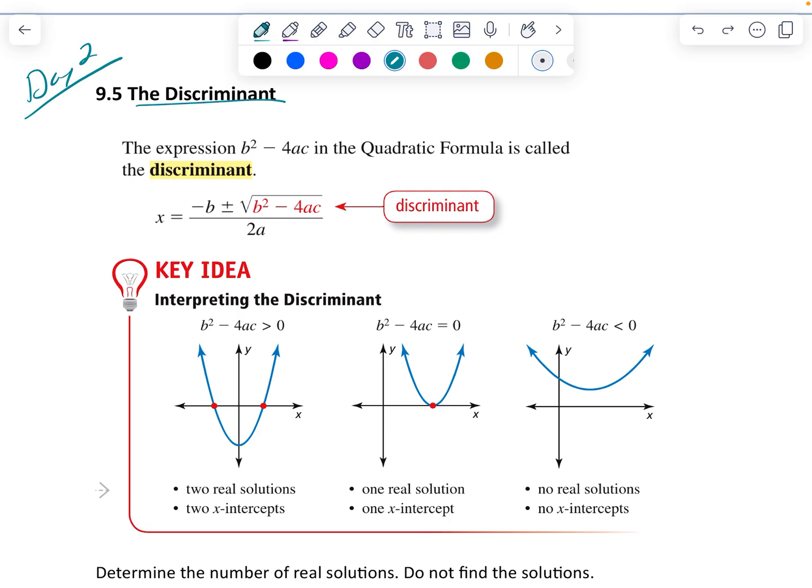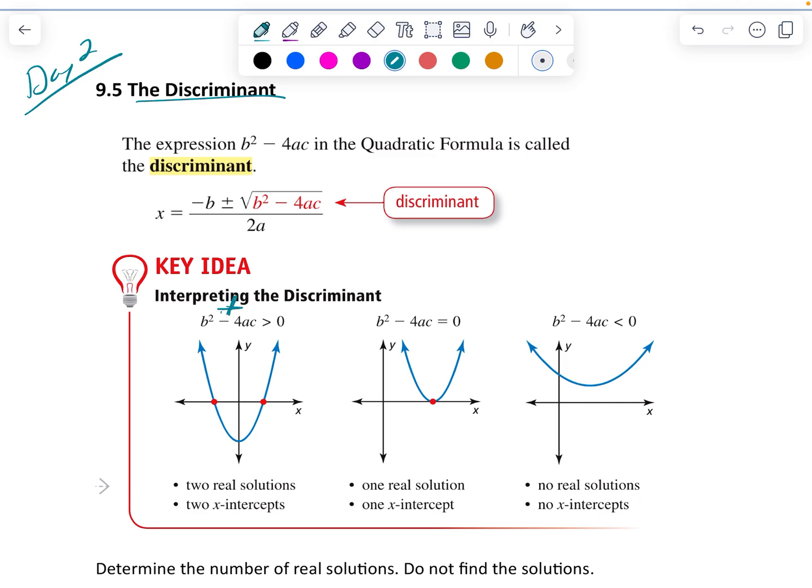If what's inside that square root is positive, then we get two answers because we're going to have the plus and the minus. And so if the discriminant is positive, I'm just going to put it over here. If it's positive, then we get two answers. And our graph looks like this, the first one on the left.